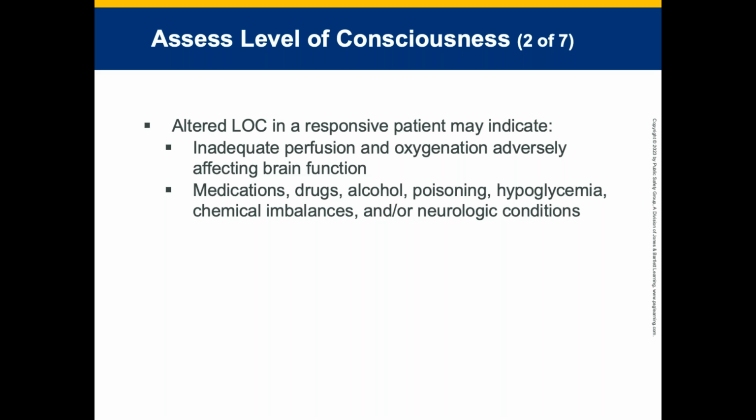Our labs are going to start becoming off if someone overdoses on it. So we have a medication that caused the chemical imbalance, which then in turn caused the altered level of consciousness. Now we know what we're looking at potentially, right?